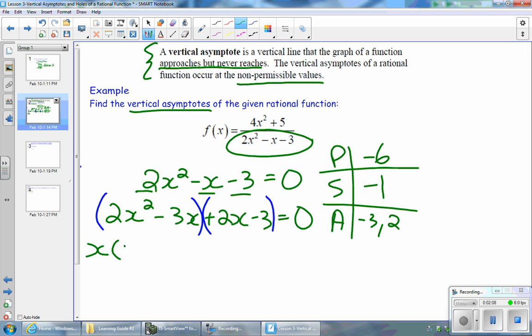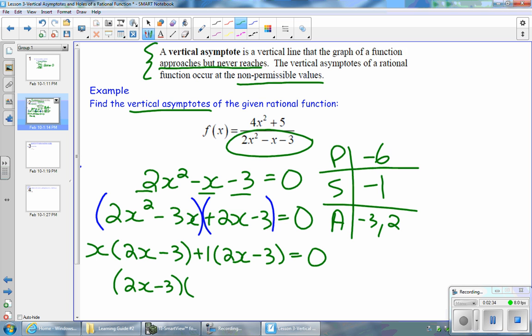When I do that, I have 2x minus 3. Taking a look at the second group now, we don't actually have anything to take out. We do actually, it is a 1. So we're going to take out a 1, and we're going to have 2x minus 3 is equal to 0. So therefore, my final factored form here is going to be 2x minus 3 times x plus 1. And this is equal to 0.